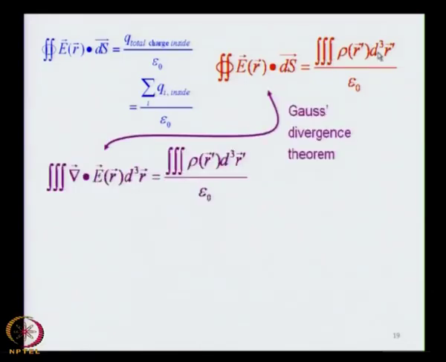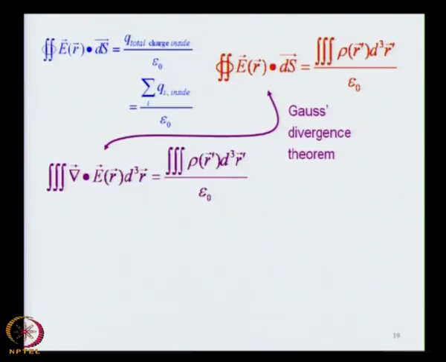But this surface integral of E dot ds is, by Gauss's divergence theorem, which we studied I believe in unit 9 or was it unit 8, one of the two, which we applied to fluid mechanics, equal to the volume integral of the divergence of this vector. This comes from vector calculus, it holds good for any vector field, and if it holds good for any vector field, why would it not hold for the electric intensity field.